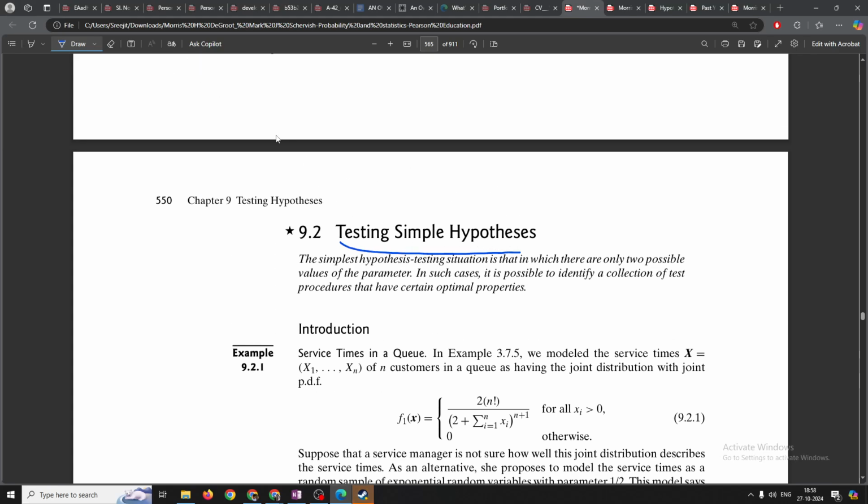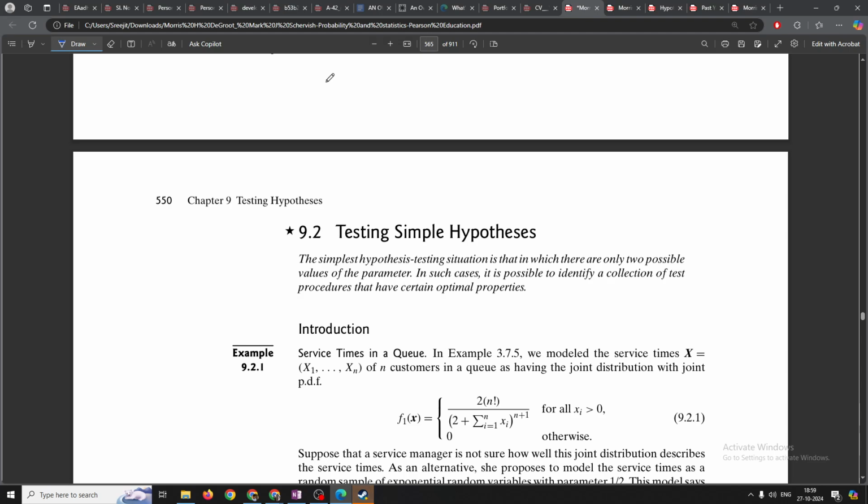What this 9.2 deals with is the trade-off that we discussed earlier. There is going to be a trade-off in the two types of error, type 1 and type 2 error. You increase your type 1 error, you decrease your type 2 error; you decrease your type 1 error, you increase your type 2 error. So there is a clear trade-off between these two, and you need to strike some balance between them.